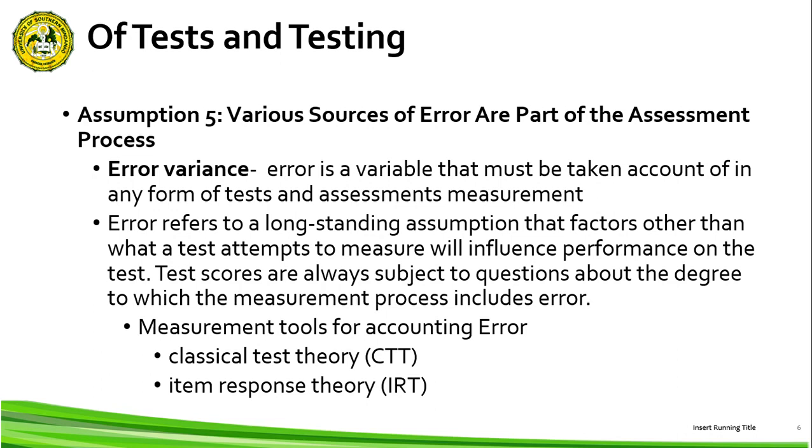Now let me introduce you to the classic tools for accounting for error. This is what the module states. The first of the two is classical test theory. Classical test theory is a body of related psychometric theory that predicts outcomes of psychological testing, such as the difficulty of items or the abilities of test takers.